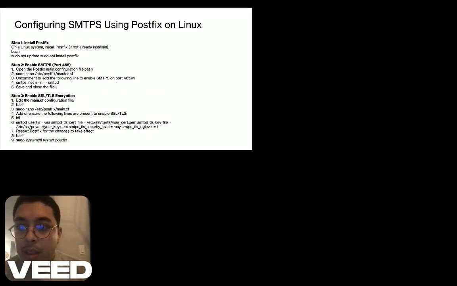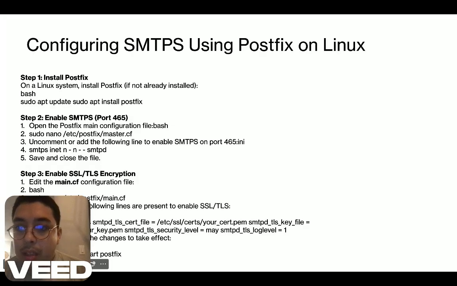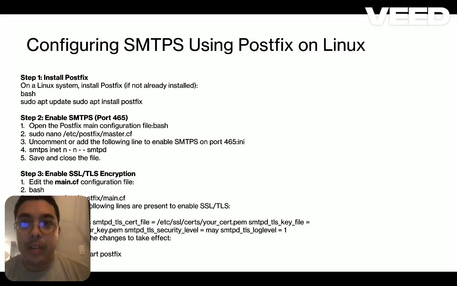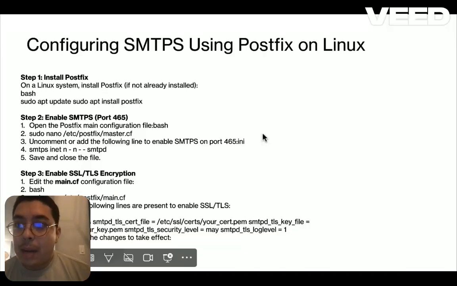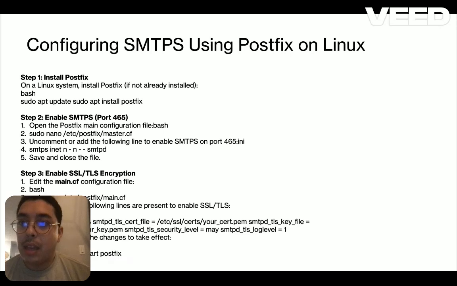Step number one: install Postfix. Step number two: enable SMTPS on port 465. Again, really key information to use port 465. And step number three: enable SSL/TLS encryption.